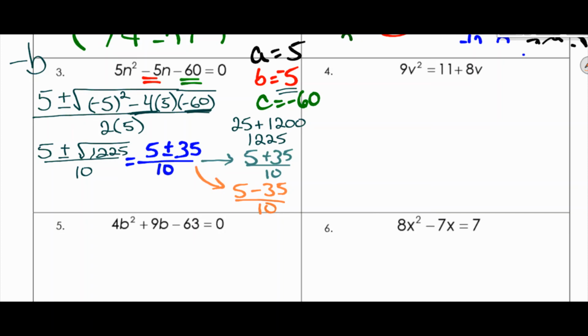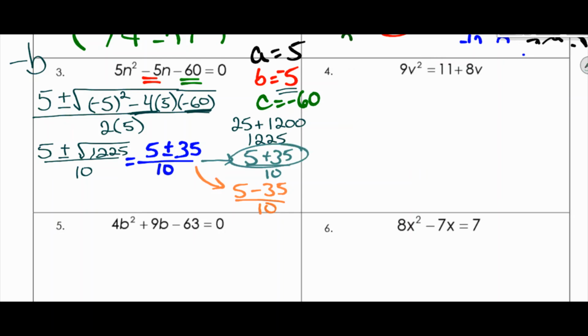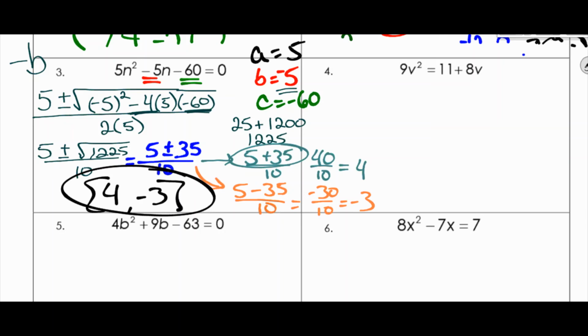I can add and I can subtract from that +5. So that would give me 40 divided by 10 over 4. This would give me -30 divided by 10 or -3. And those are my 2 solutions. 4 and -3 makes my solution set.